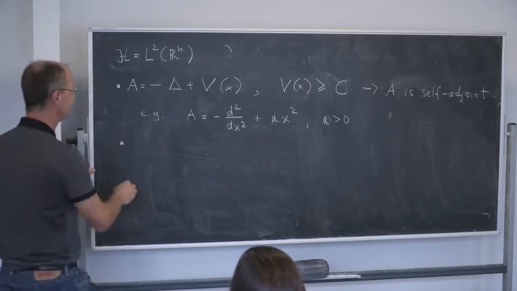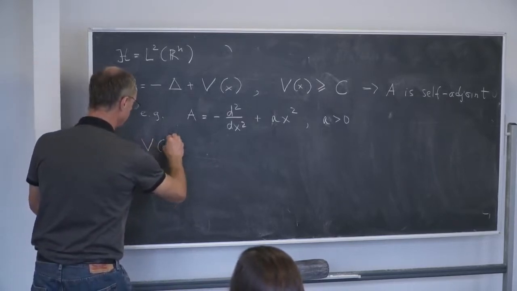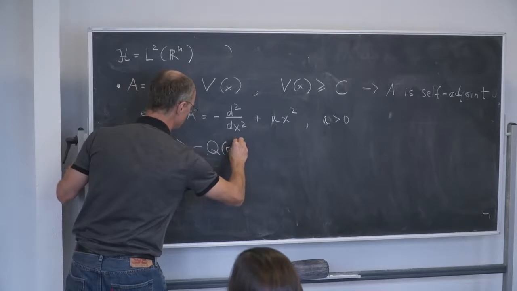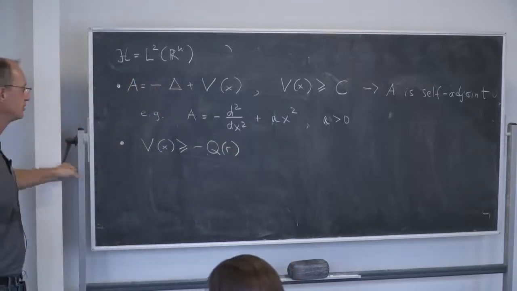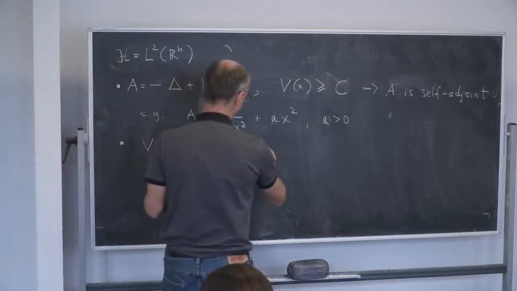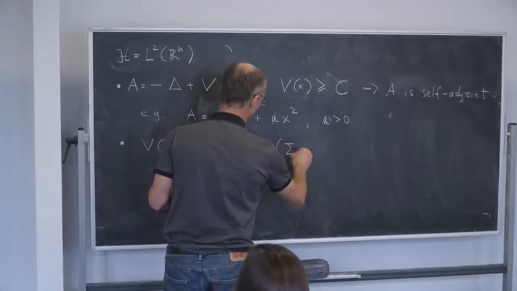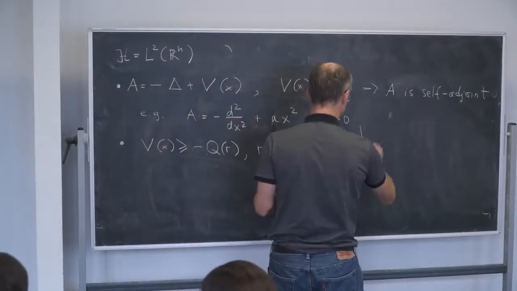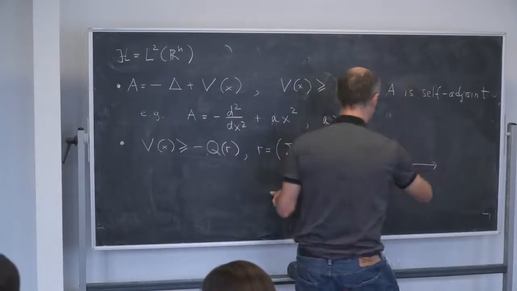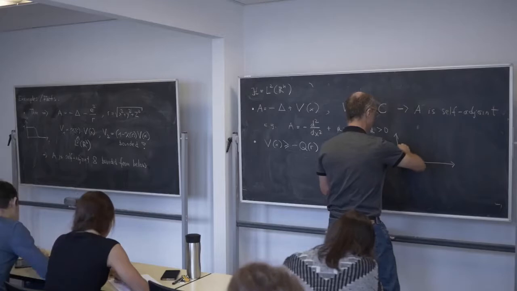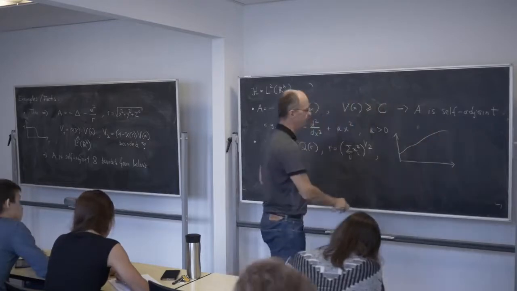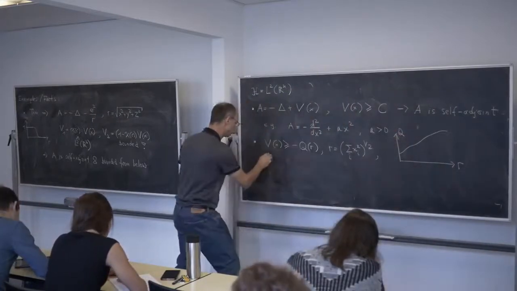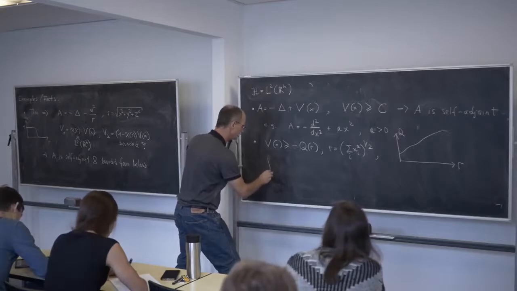Now another funny example, let's assume that v of x is bounded from below by minus q of r. R is the distance. And q of r is a monotonously increasing function, something like this. And there is a condition on q of r.